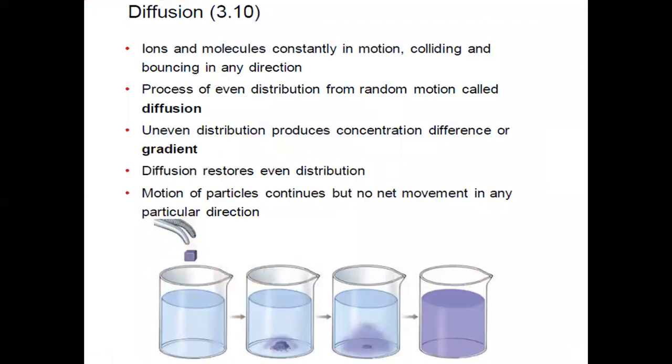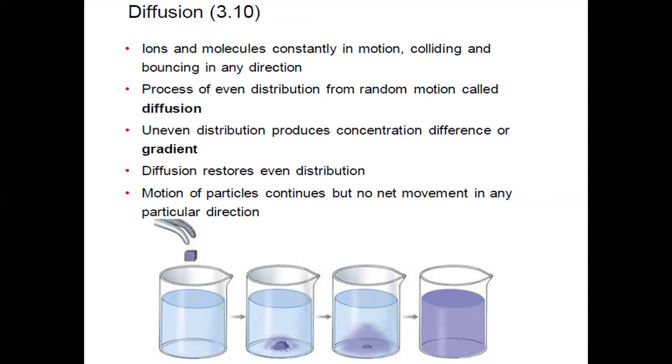Diffusion is passive. Ions and molecules are constantly in motion. They're constantly bumping into each other and bouncing off in any direction. Basically, the closer molecules are together, the more likely they are to bounce off one another and push each other away. So the process of diffusion basically evenly distributes molecules in a solution based on this random motion.